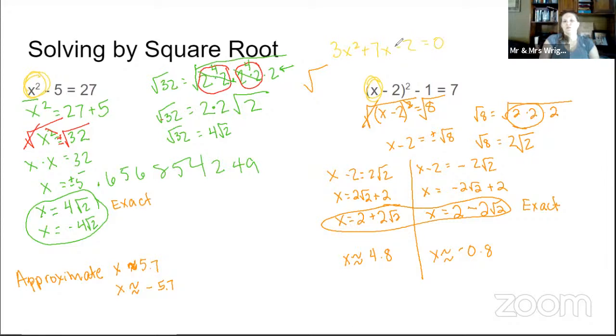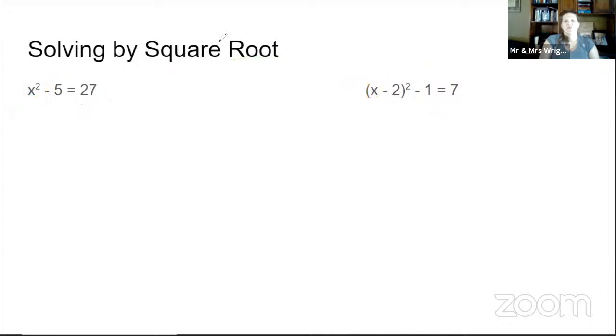This one won't work because you not only have the x squared, but you also have the x. So when you look at an equation, if you see that it only has one term with a variable in it, then you know that might be one I can solve by square root, by finding the square.